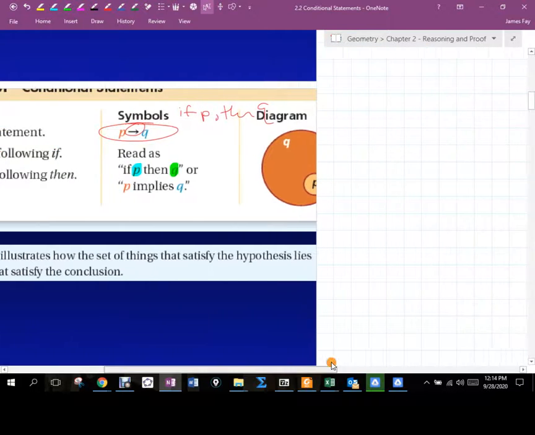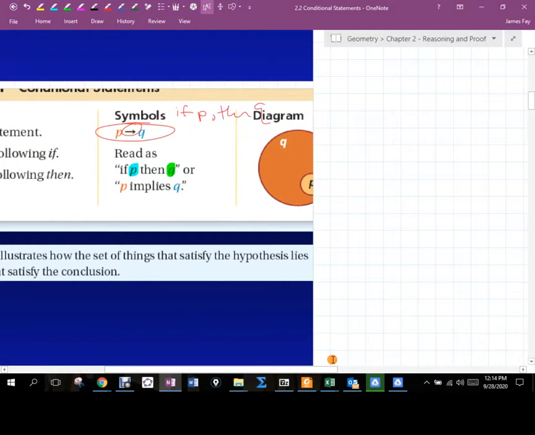structure of that. We can see Venn diagrams every once in a while, okay? But the Venn diagram of a if-then statement, it's kind of a cruddy picture, so I apologize for that. But your P, which is your hypothesis, is going to be fully encapsulated inside the conclusion, okay?